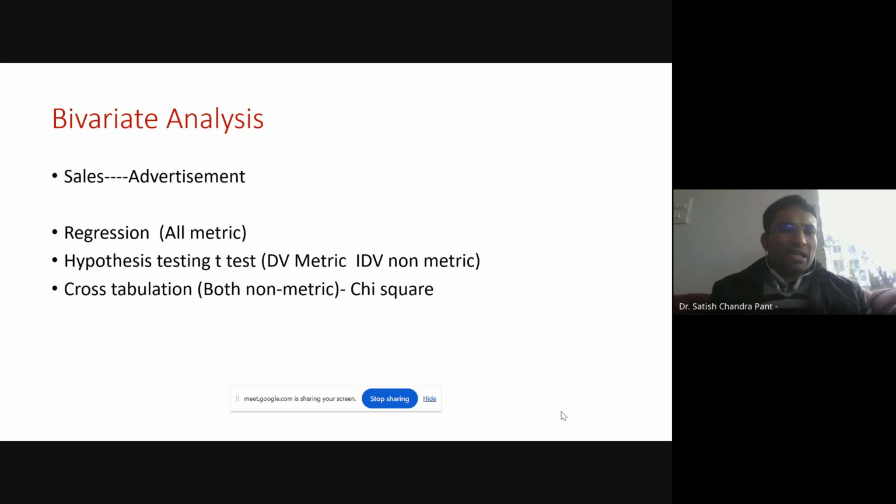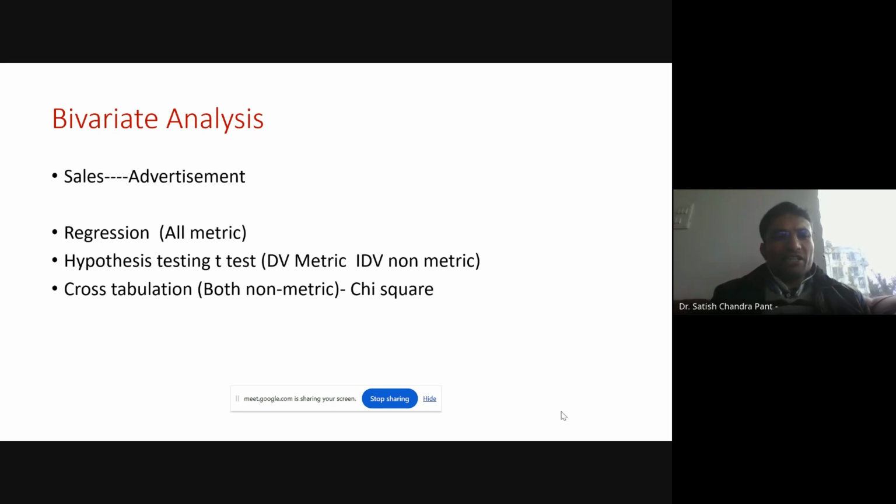Here there is a relationship between a dependent and an independent variable. If there are two variables, one dependent and one independent, such a relationship can be examined through bivariate analysis. And the very basic analytical tool for that method is regression analysis.